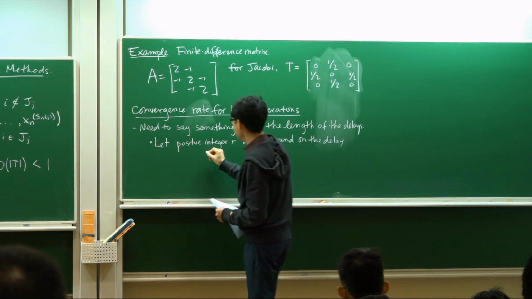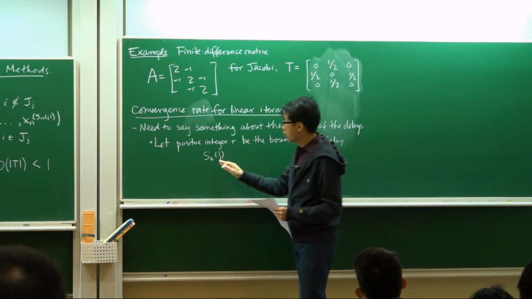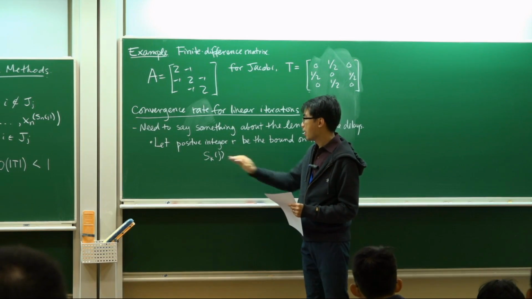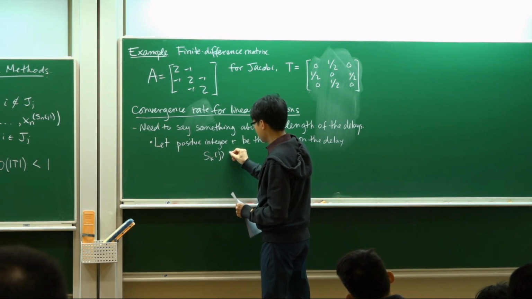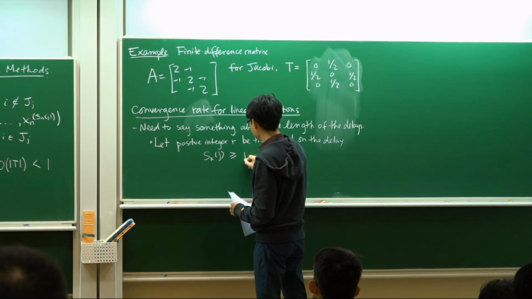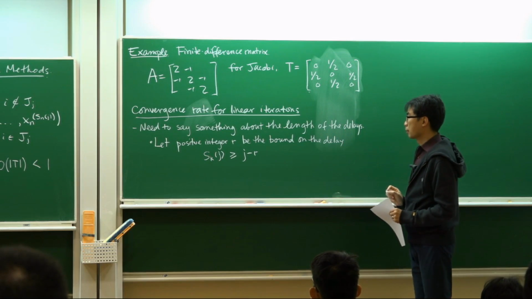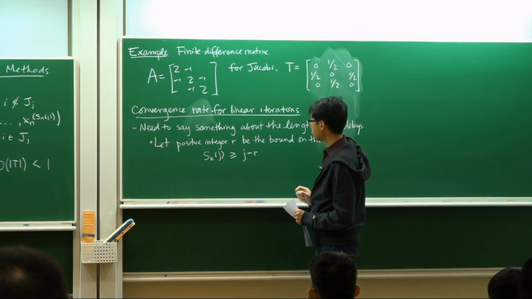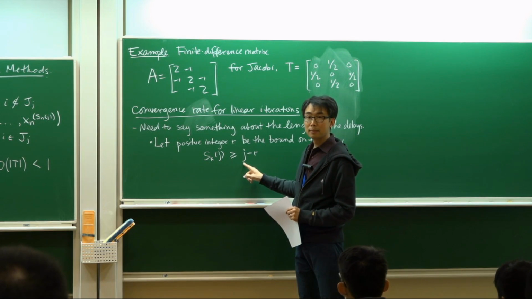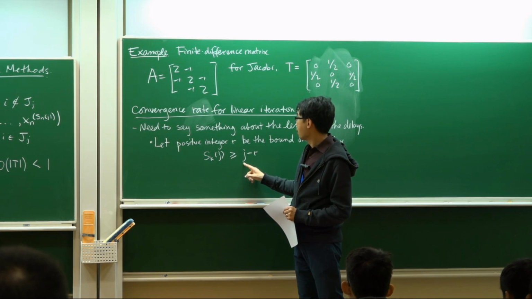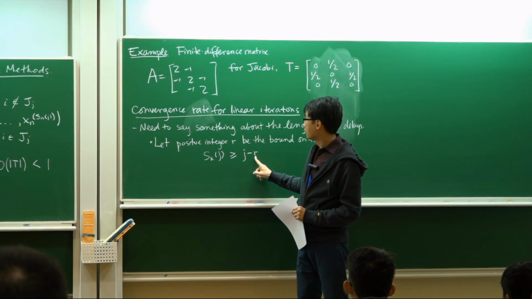So meaning for any s_k evaluated at the jth time instant, this is going to be greater than or equal to j minus r. Okay. So j is the current time instant, and r is a bound on how far back we can look, right?